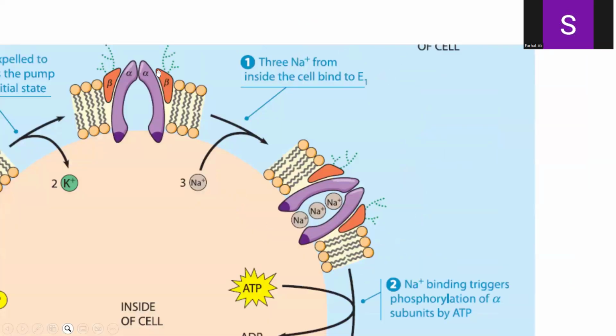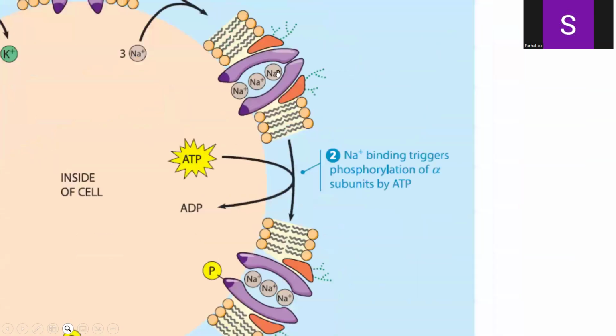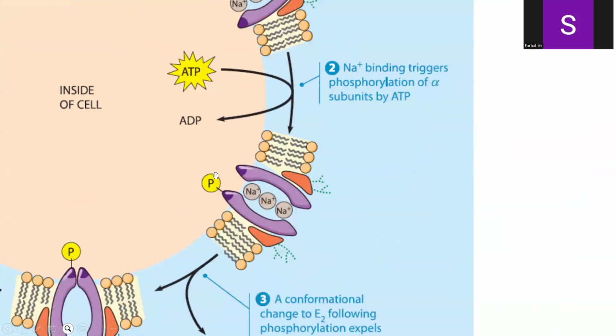So the pump is present in this conformation. Three sodium ions bind here, and this process is then facilitated by the hydrolysis of ATP. By hydrolysis of ATP, phosphate is released, and that phosphate will be covalently attached to the pump.